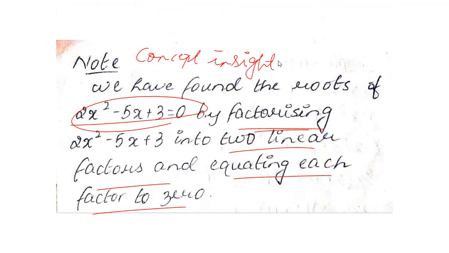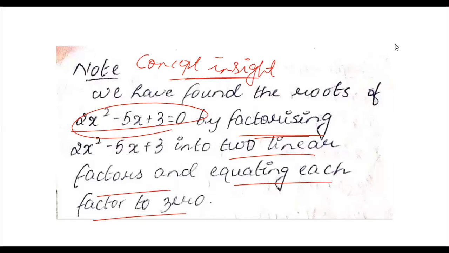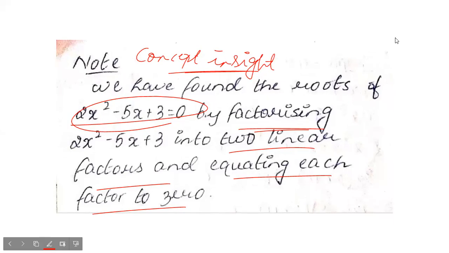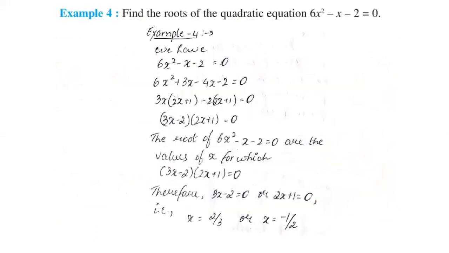When I give the heading concept insight, this is the concept which you have to remember in order to tackle these kinds of questions. Don't worry, I will scroll it up and down after the complete session is over, so that you can copy it down. Let me just continue with this session.